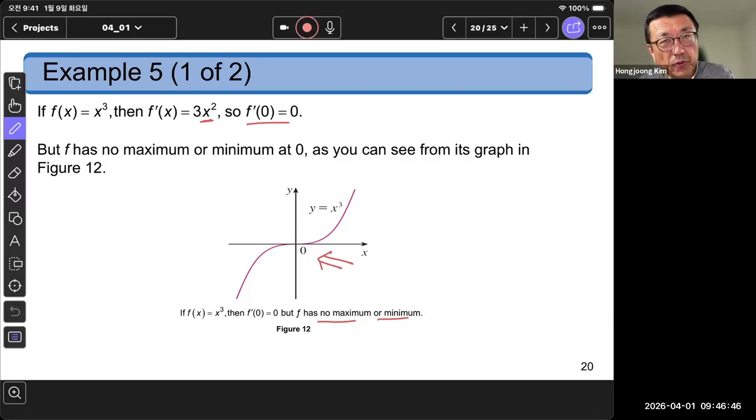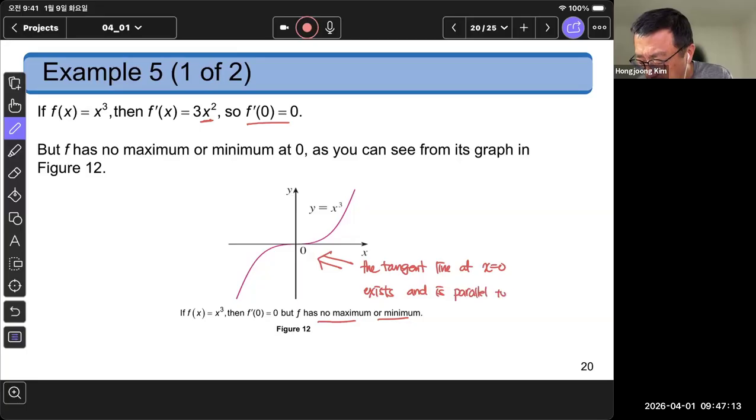As in the case of the x cubed function, even though the tangent line at 0 exists and is parallel to the x-axis, right? But what is the problem? There is no maximum or minimum. So that means the converse may not be true.